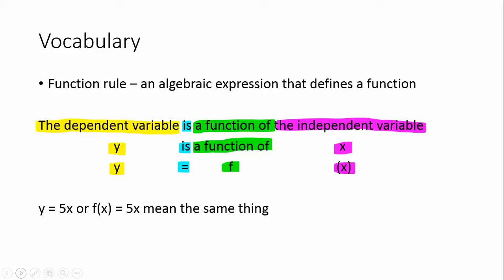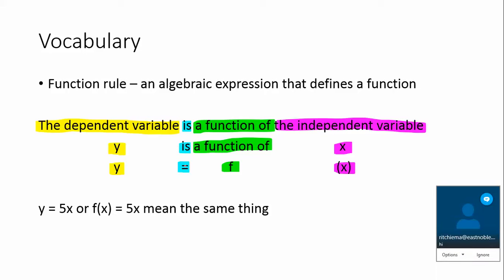So we say that the dependent variable is a function of the independent variable. Well, remember that the dependent variable is the y and the independent variable is the x. You can see I've replaced the words the dependent variable and the independent variable with y and x. The word is often indicated by an equals sign.